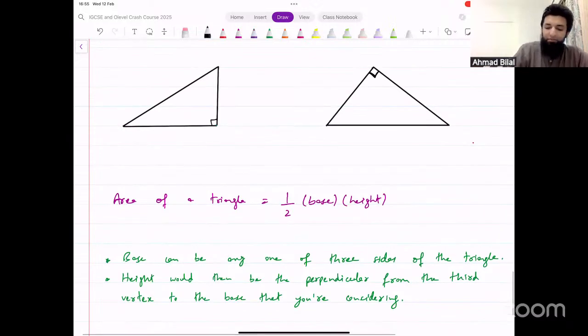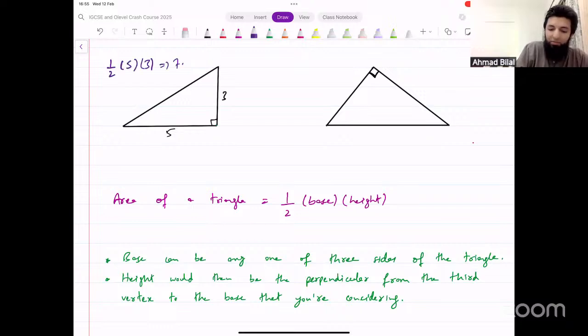For instance, if you knew that this side was 5 and this side was 3, you can say this is the base, this is the height, and the area of the triangle would then be 1 over 2 into 5 into 3, and that is 7.5.